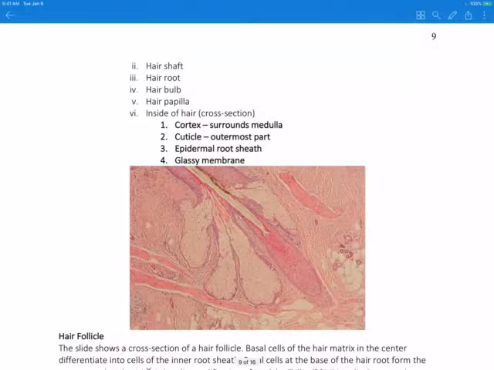And then the epidermal root sheath includes both the internal root sheath, which is the part that surrounds the root of the growing hair and extends up to the hair shaft, and the external root sheath, which is basically an extension of the epidermis. It encloses the hair root. The external root sheath at the hair root is made up of basal cells, and in the upper areas it's mostly keratinous.